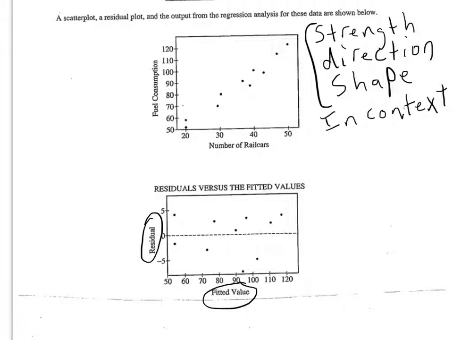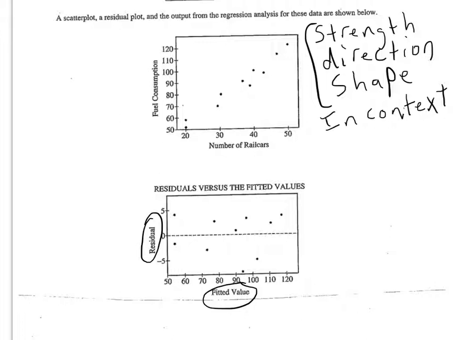If you see a curved pattern, any sort of pattern in the residual plot, then whatever model you're using to create that residual plot is not an appropriate model. So both the residual plot and the scatter plot are confirming that we've got a strong positive, linear relationship here.